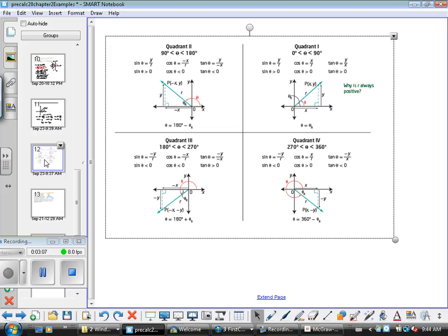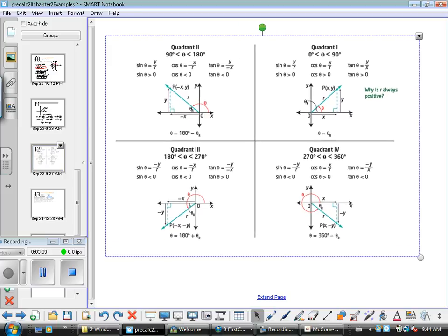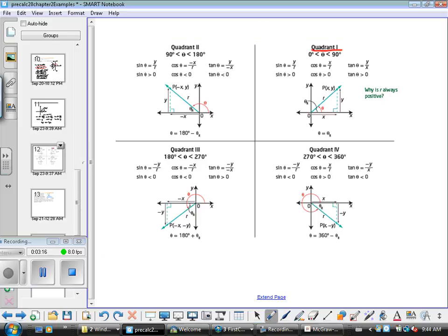I hope that you can see this. It's not really that huge, but okay. In the first quadrant, obviously, we're starting up right here, between 0 and 90-degree angle. You can just see that y is positive, x is positive, and r is positive. And r is always positive. It's just going to be the absolute distance between the origin and the point.